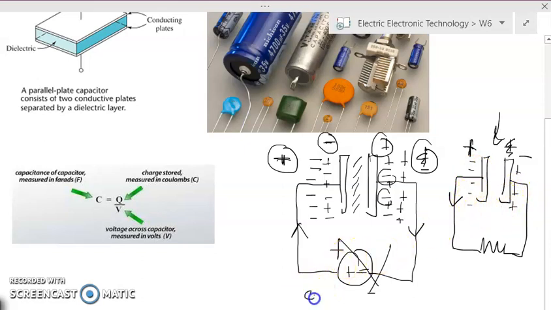So this is what we call the charging state of a capacitor, and this is the discharging state of the capacitor. So just by having two conductive plates and a dielectric material that prevents the charges from jumping from one plate to another plate, we create a small battery which is called a capacitor.